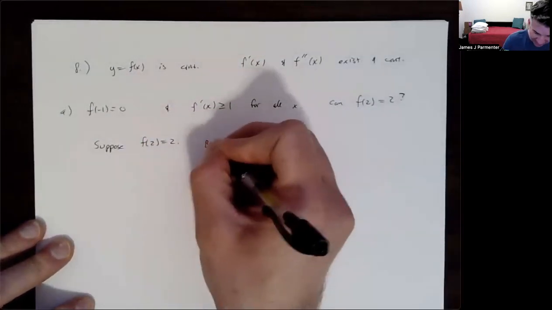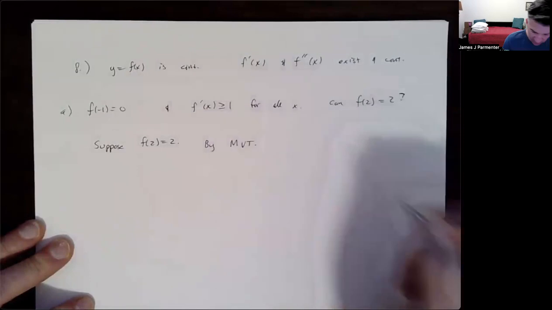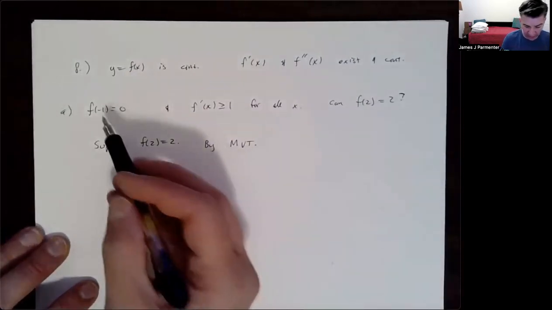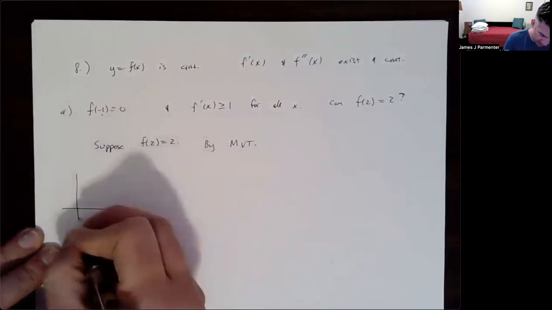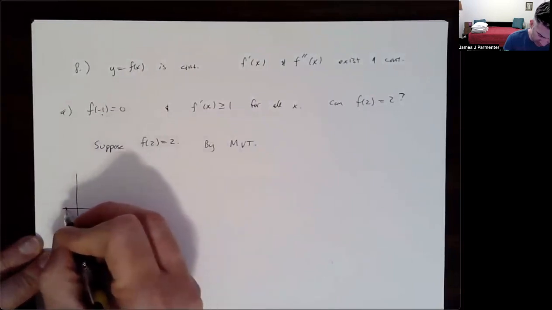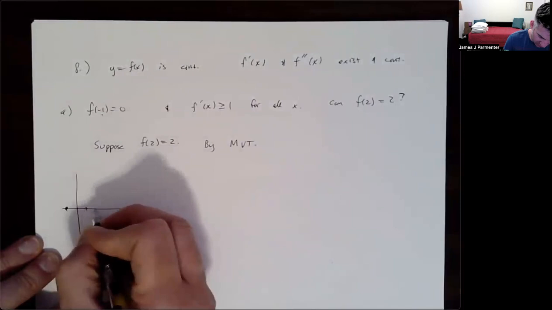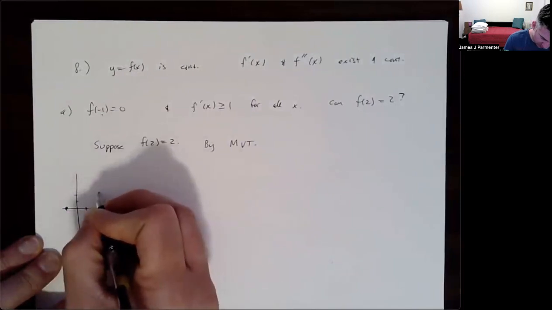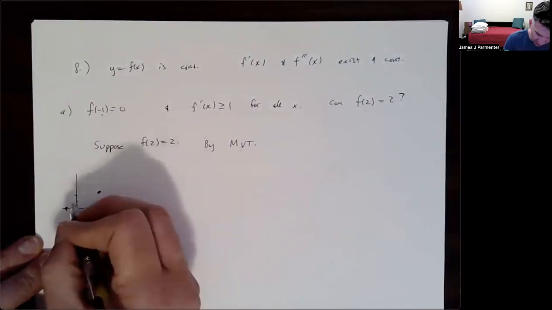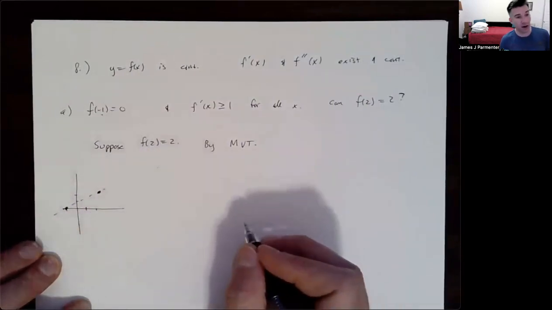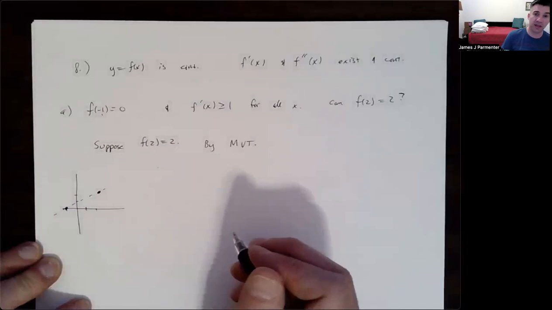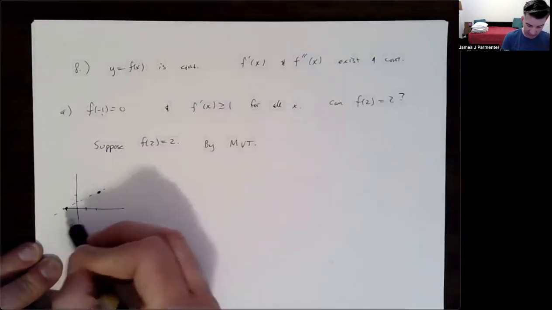Then by the mean value theorem, between x equals -1 and x equals 2, looking like this, f of -1 is 0, f of 2 is 2. Between those two points, there has to exist some other point where the slope of the tangent line is equal to the slope of that secant line connecting those points.